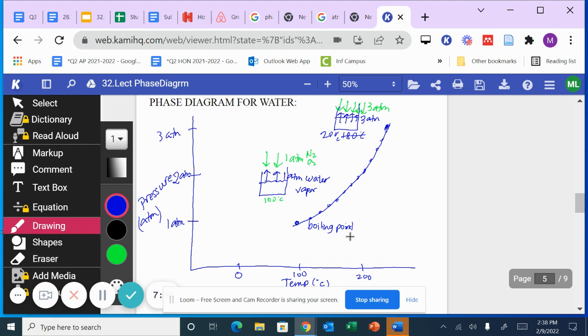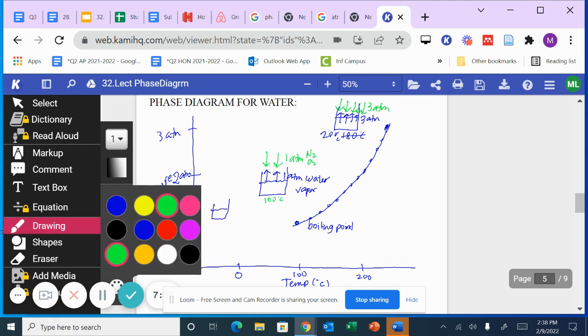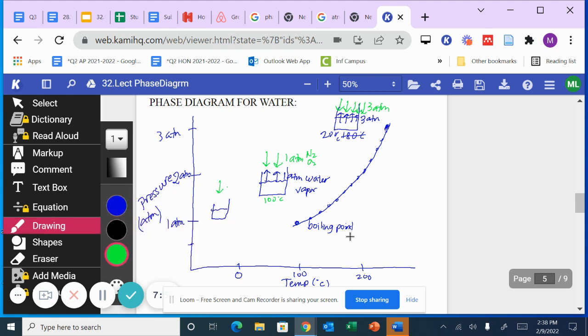Now, if you decrease the pressure, let's say you're at below 1 ATM, let's say 0.5 ATM, you don't need that much water vapor to counteract that 0.5 ATM. Therefore, the water doesn't have to be that hot for it to boil, let's say 50 degrees.